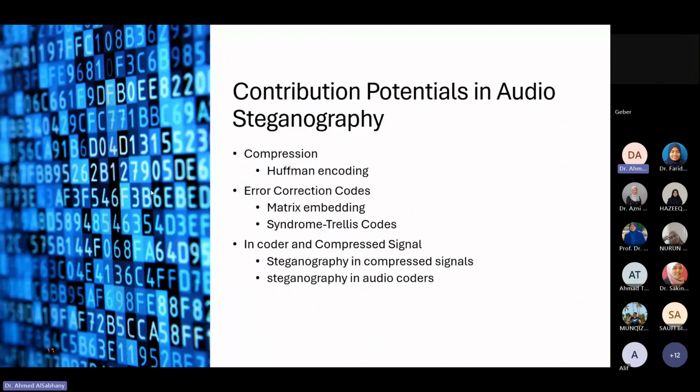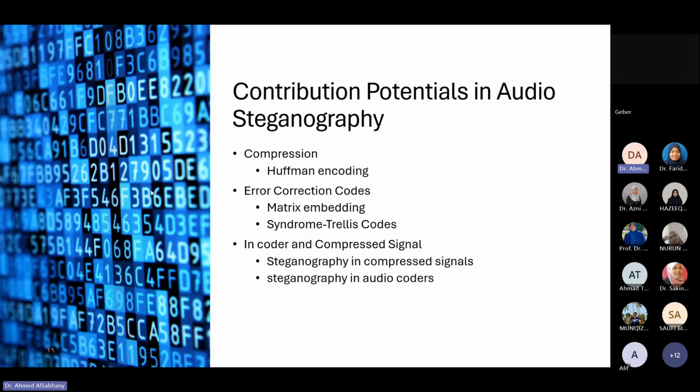The error correction, such as the matrix embedding and the syndrome trellis codes, these are the most trending algorithms regarding the efficiency in core audio steganography, or core steganography inventions in general.